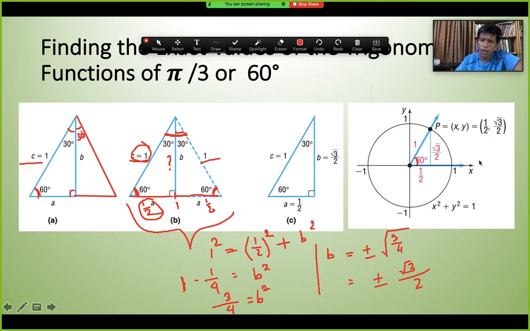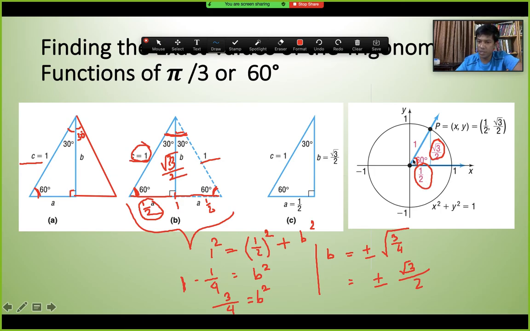So we already know that this one is half, this half, this half is here. So we know that this is the half, and we know that this is actually root 3 by 2. For the first quadrant, this is plus root 3 by 2. That's why it is written root 3 by 2 here. So this is 1 by 2, this is root 3 by 2, and this is 1.